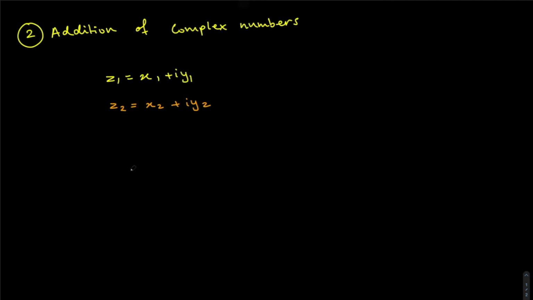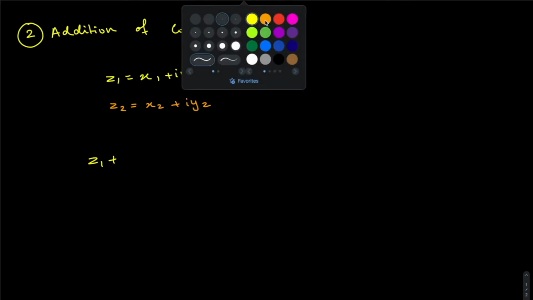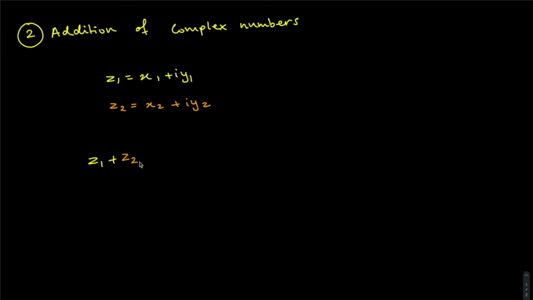Now if we do Z1 plus Z2, we'll have X1 plus iY1, plus X2 plus iY2.